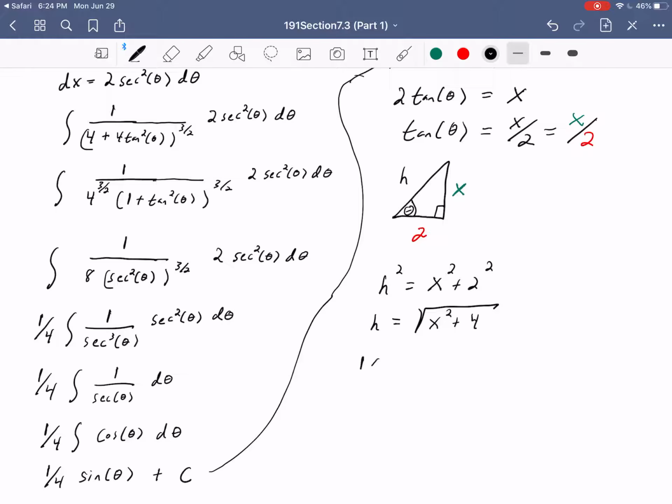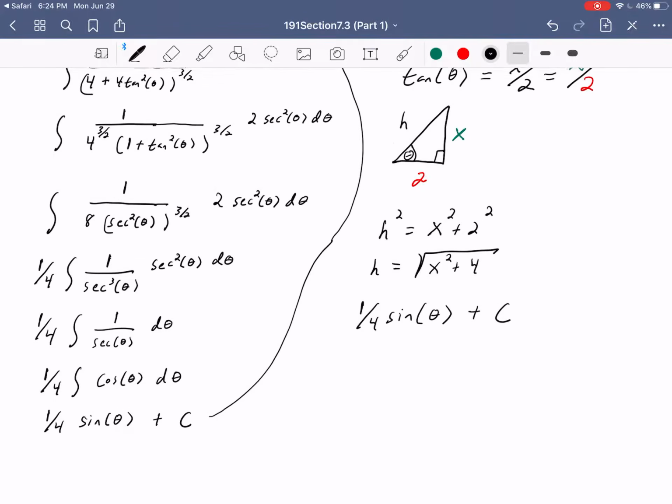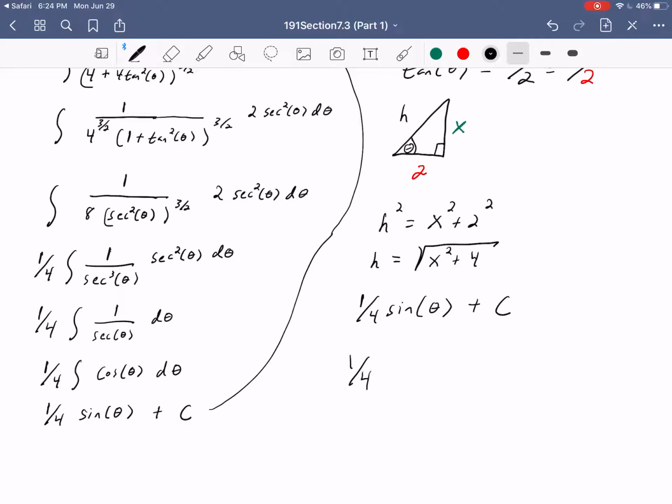So our 1/4 sine theta plus c can be replaced as 1/4 times the opposite, which is x, divided by the hypotenuse, which is square root x squared plus 4, and then plus c. So there we go.